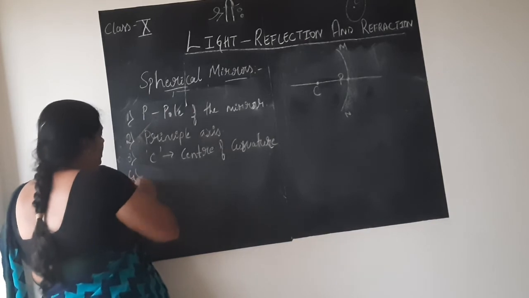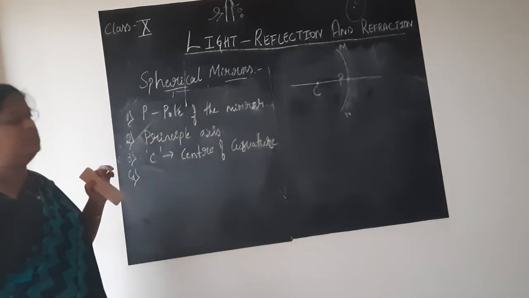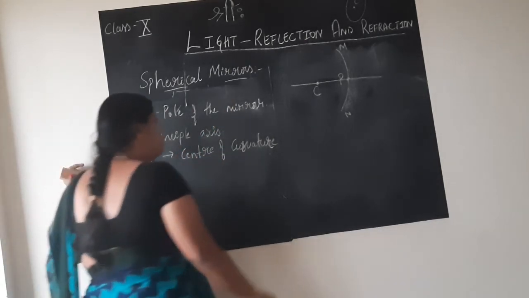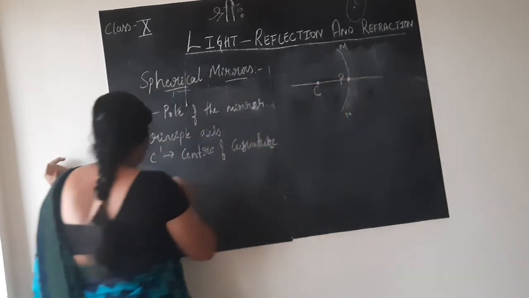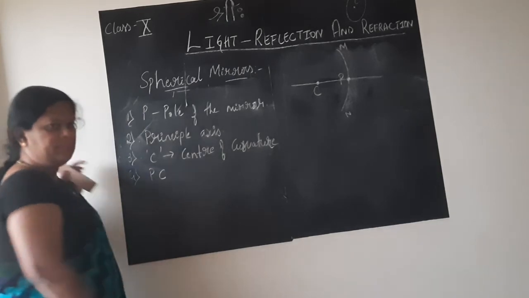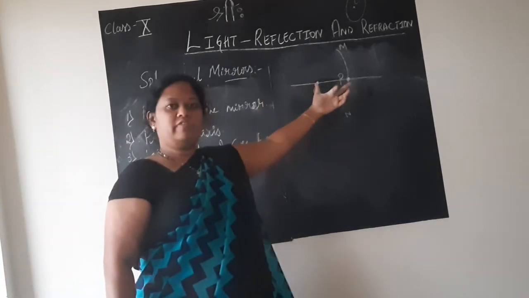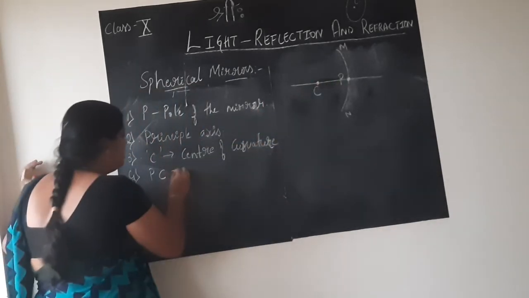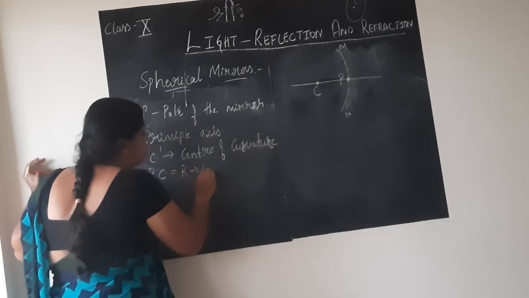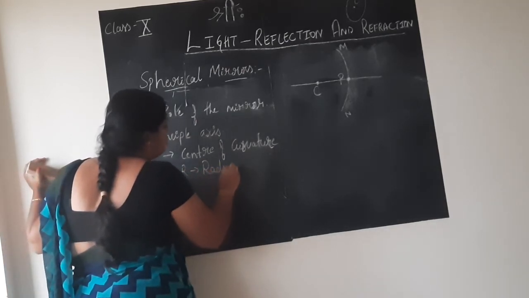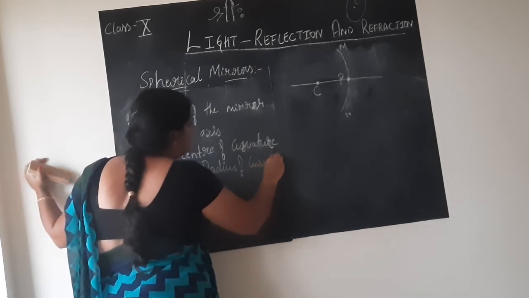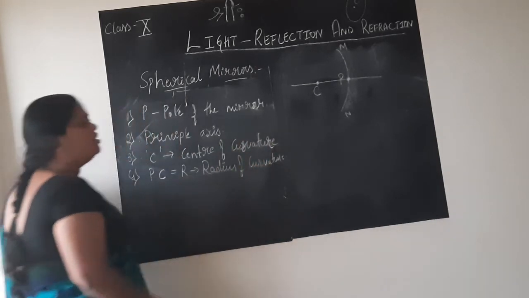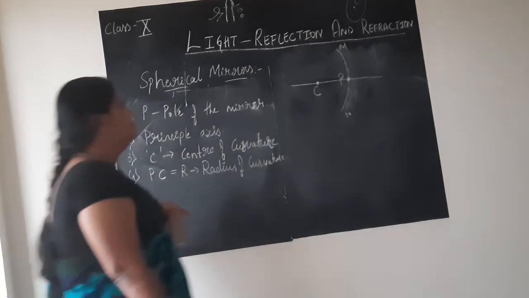The line passing through the pole is the principal axis. Now children, the distance from this pole P to the center of curvature, that is PC, is represented by the letter R, called the radius of curvature. Why do they call it radius of curvature? It is very simple.